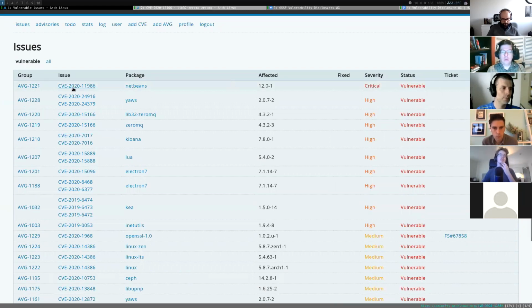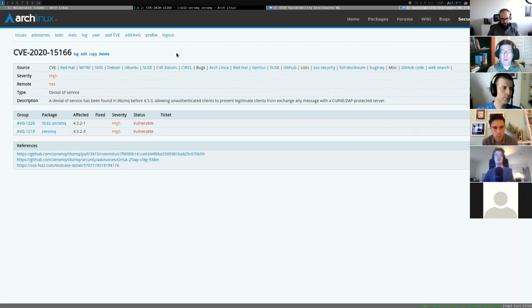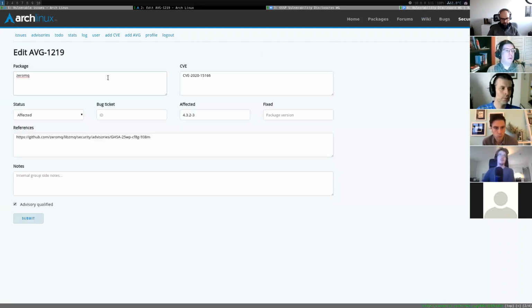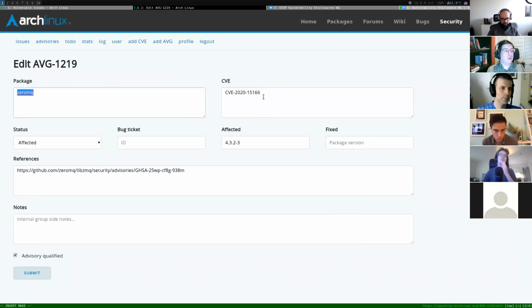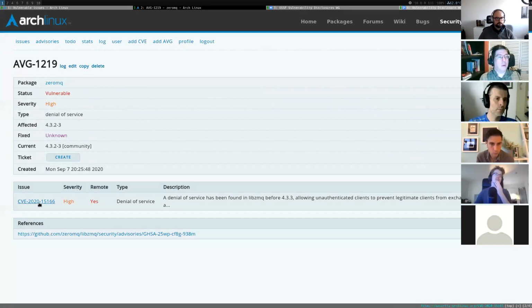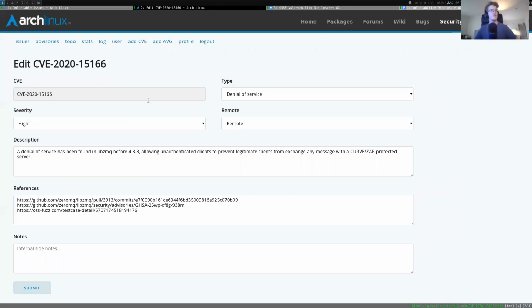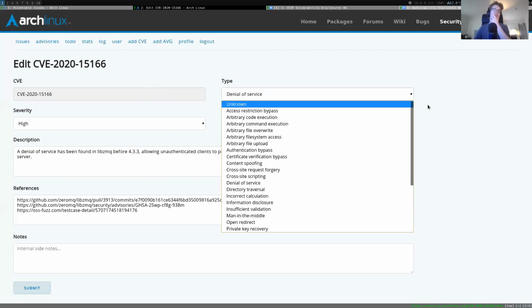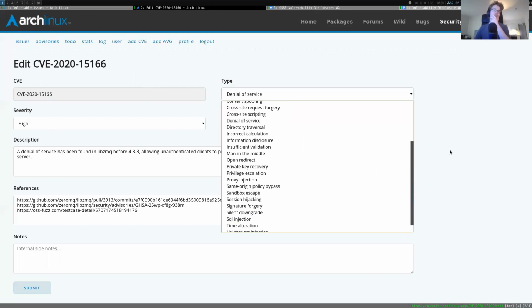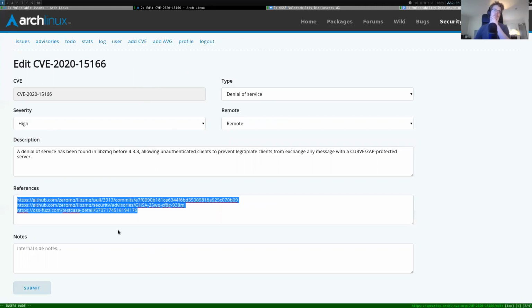Here we can record vulnerability groups, which are essentially a listing of the package in Arch, the CVE number, the affected version, and some references. This allows us to easily track the security issues. We can also then add the CVE details with the severity, remote, local, and some listing of the types. We also try to keep the references handy.